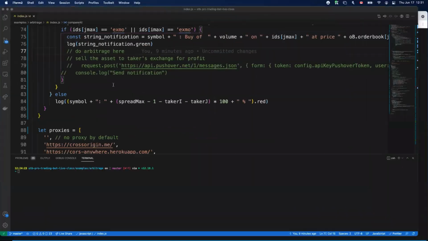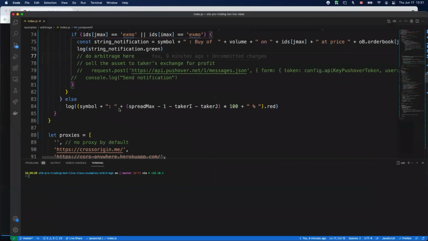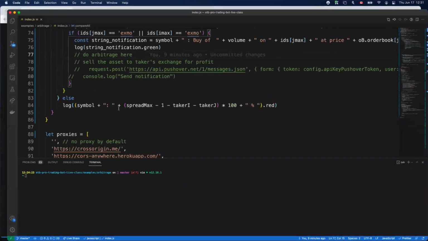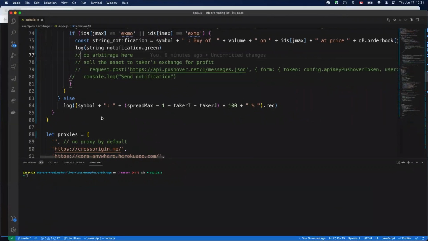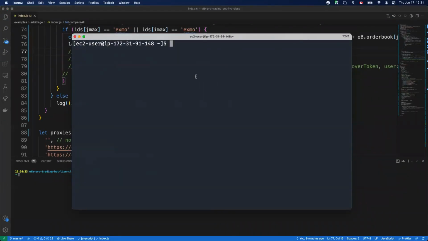The most basic way to deploy this on the cloud is to push it to GitHub, or you can use FileZilla. Get FileZilla and upload this file to your EC2 instance. For example, I'm using Amazon. After you're done with this, for example, I have created a CCXT bot folder.